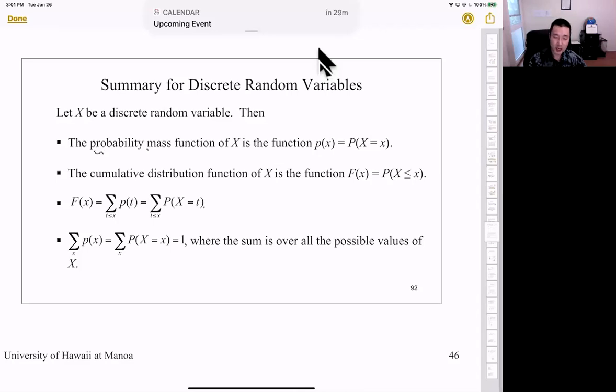We also know how to calculate the cumulative distribution function, which is the probabilities for values less than or equal to x added together. So the sum is over all possible values of x.